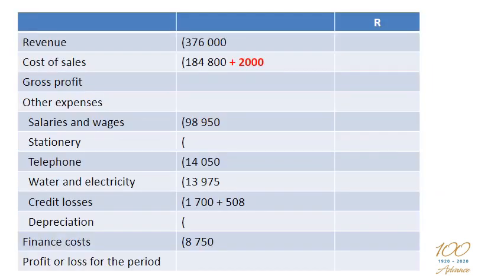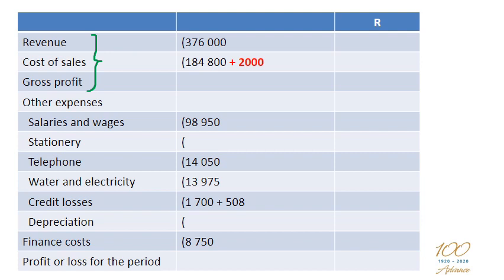loss. The statement of profit or loss, however, deals with the trading section at the top here. So remember, if inventory got lost or stolen or whatever the case may be, and I accounted for it as an inventory deficit, I could not sell those items.